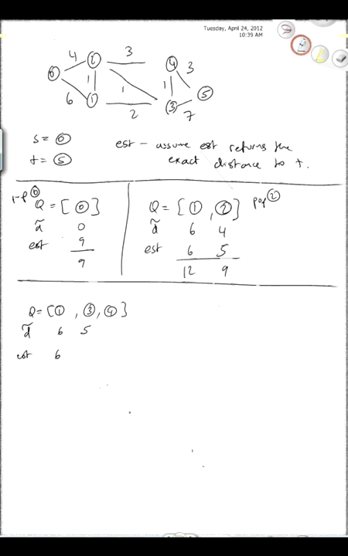The distance label to node 4 is going to be this 3 plus the distance to node 2, which was this 4. So that's going to be a 7. Now the estimate to 4 is a 3, because that's just the shortest path from 4 to 5. And the estimate from 3 to 5 is going to be 4.